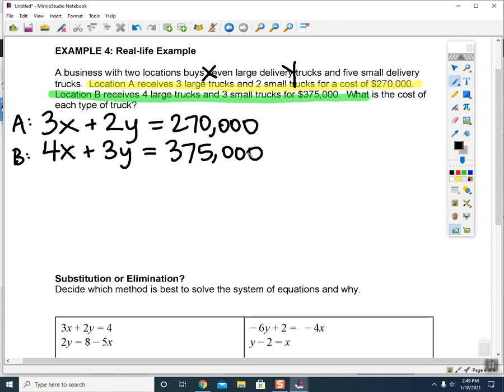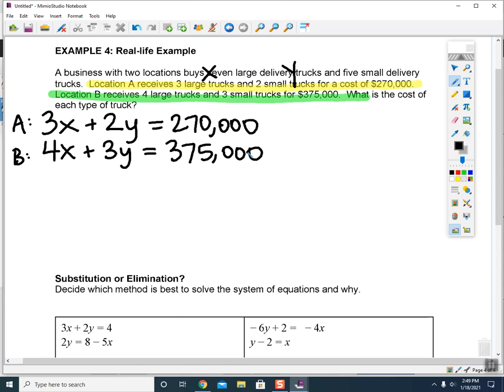All right, so as is, I don't have variables that I can eliminate, but there are some pretty easy options that I can do. Here's what I'm going to say, it's easier to work with smaller numbers than larger numbers, right? So I've had a lot of people look at the 3 and the 4, I can just multiply the top one by 4, the bottom one by 3, and we're good to go, which you can do. That works. It just ends up being some big numbers, and I don't really want to work with big numbers.